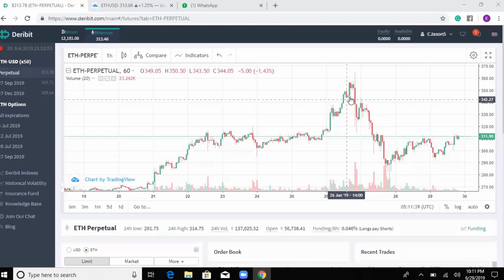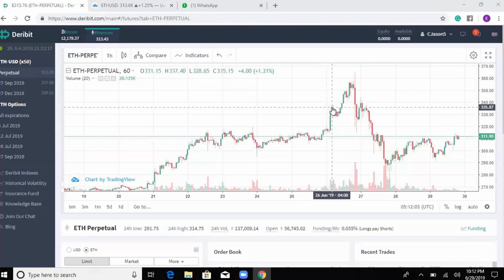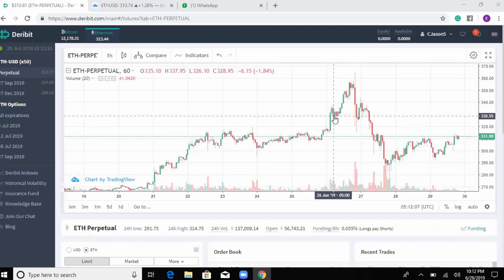So you can actually ride according to the trend of the market. However, when you're leveraging and you're going long, if the price is going down, then that means you're not making profits, you're losing.